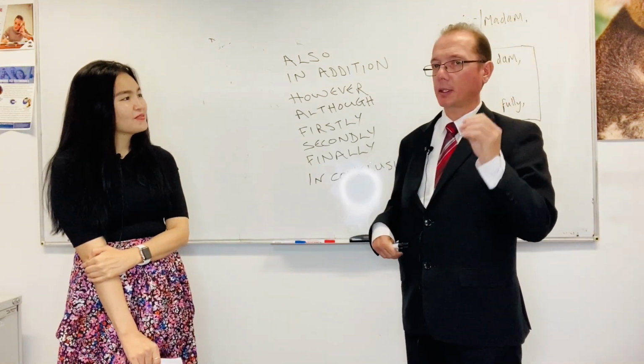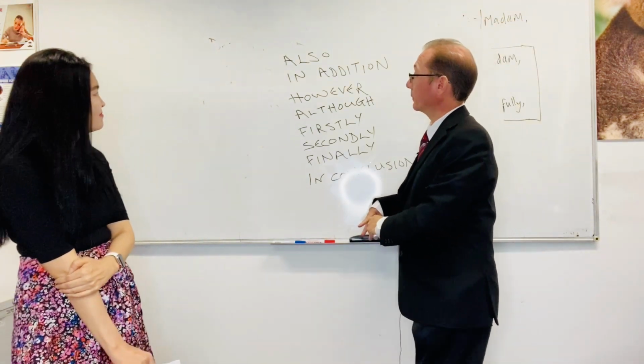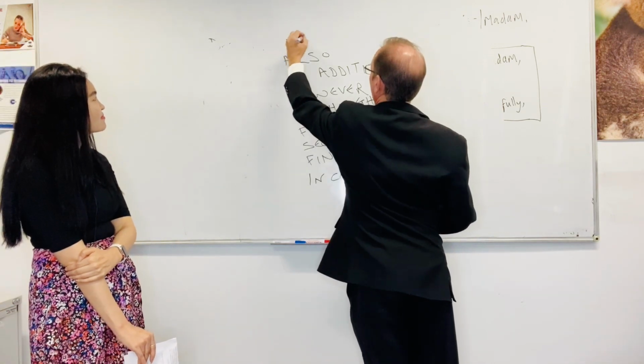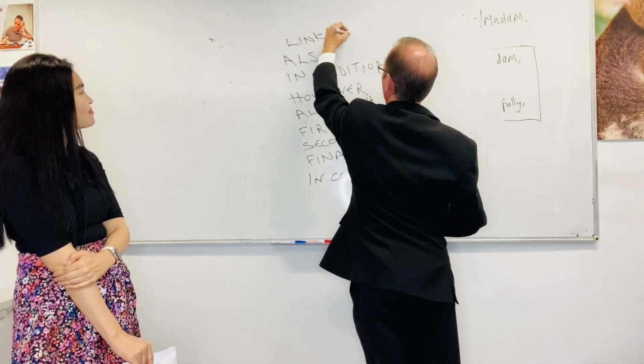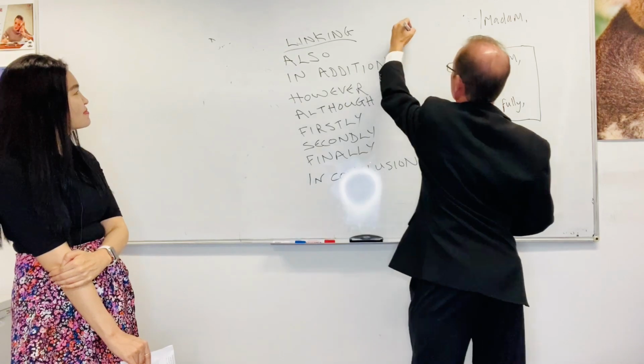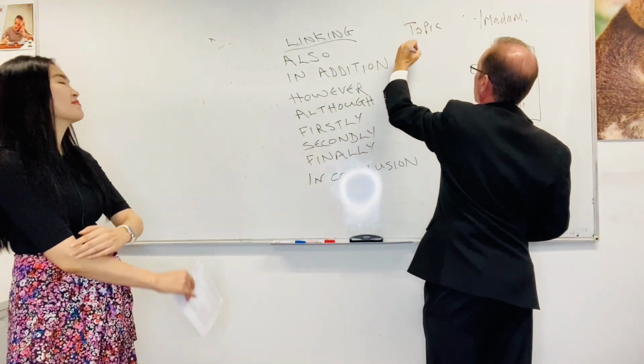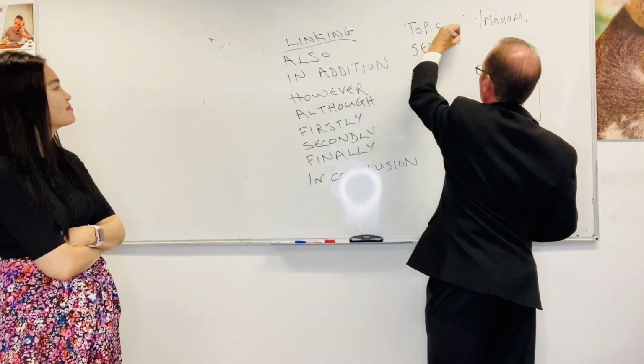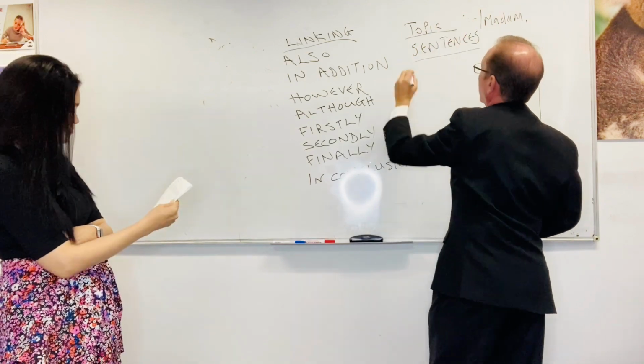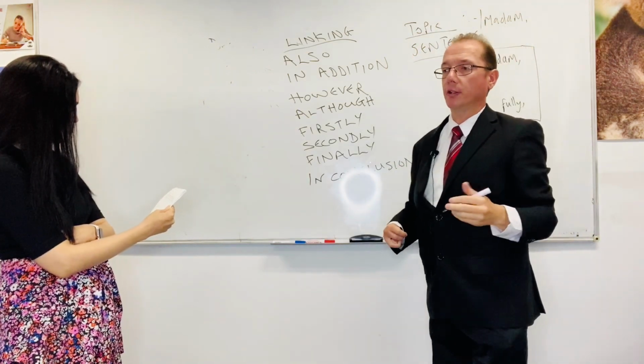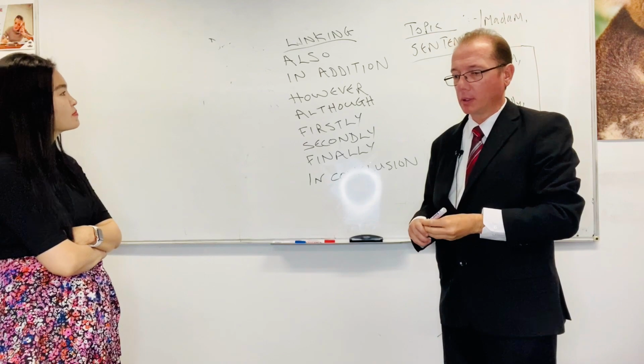One last thing I could talk about, well, maybe two short things. Examiners like topic sentences. So we've got these linking words. Examiners also like topic sentences. Topic sentences are mini introductions. They introduce the paragraph.